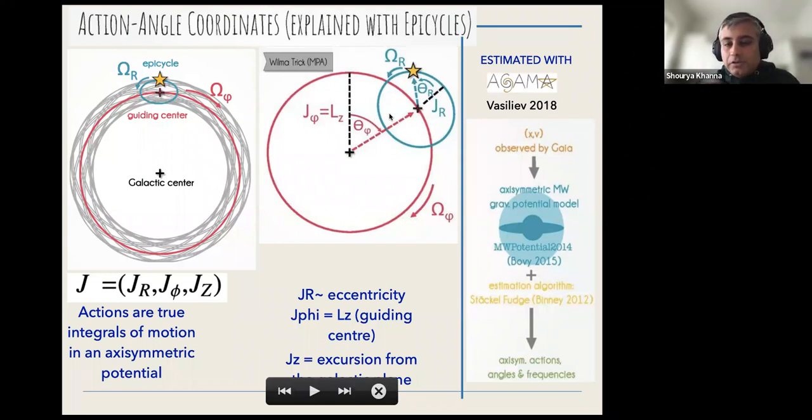So actions are a way of quantifying how they vary in their orbit. The J phi, for instance, gives you a measure of where the guiding radius is. The JR gives you a measure of the eccentricity, and the JZ is the same thing but vertically. So it gives you a vertical excursion.